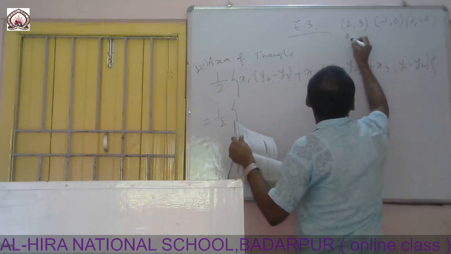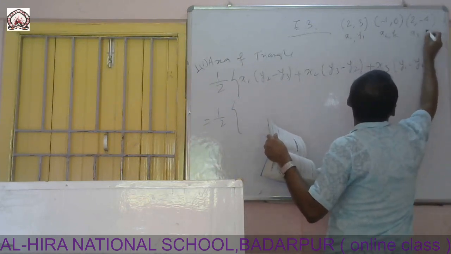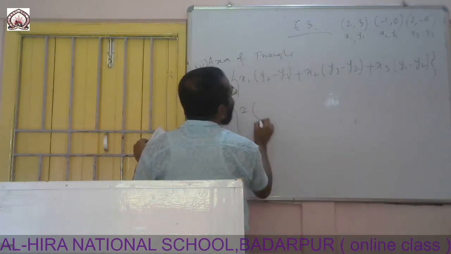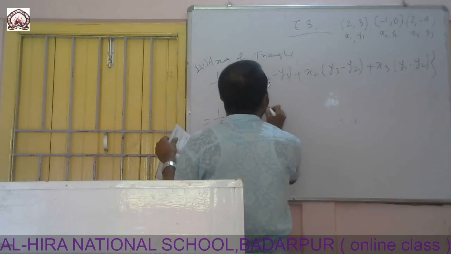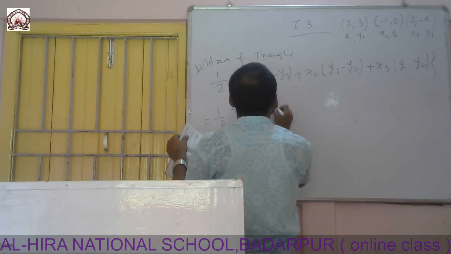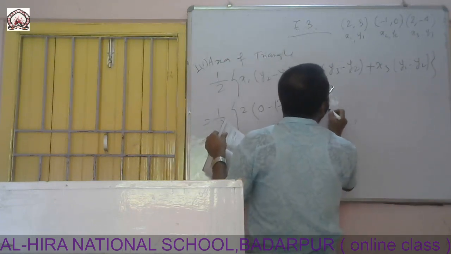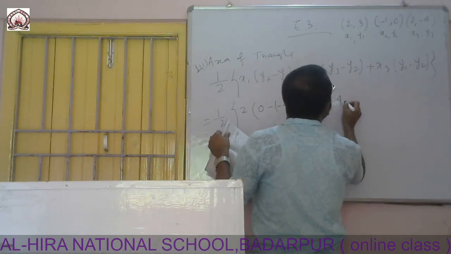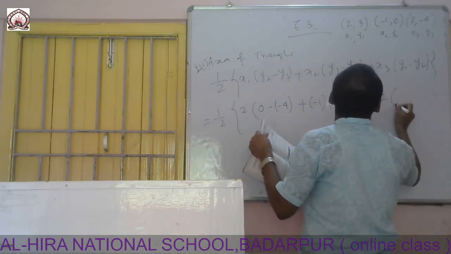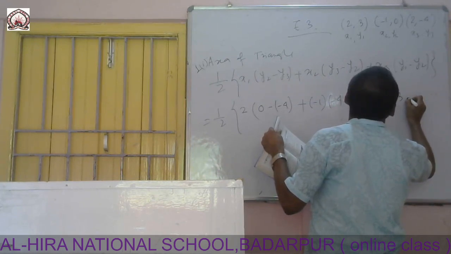So this is x1, y1, x2, y2, x3, y3. x1 is 2, into y2, which is 0, minus y3, which is -4. Then x2 is -1 into (y3 minus y1), and x3 is 2 into (y1 minus y2), where y1 is 3 and y2 is 0.